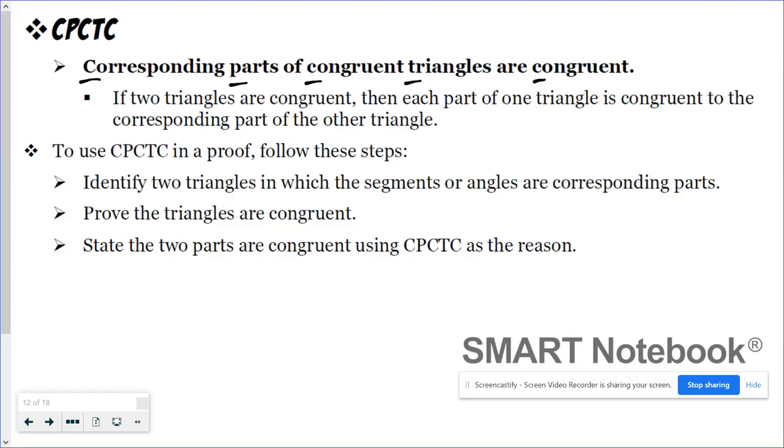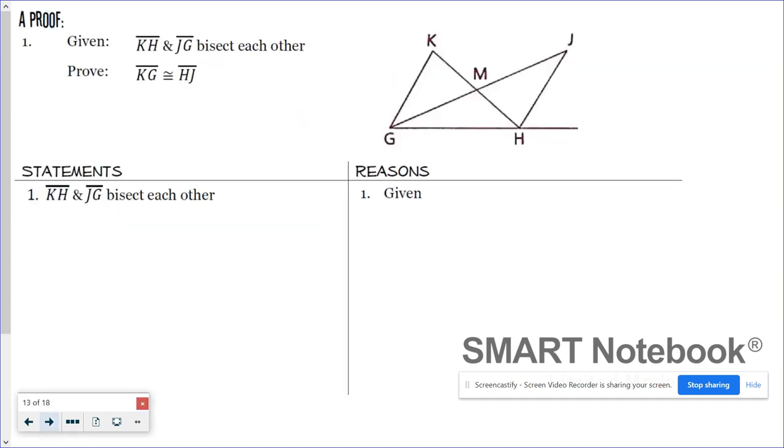So in order to use CPCTC in a proof, you need to identify which two triangles you should prove are congruent. Prove them to be congruent, and then you can state that whatever pair of segments or pair of angles are congruent by CPCTC. Okay, so let's check this out in action.